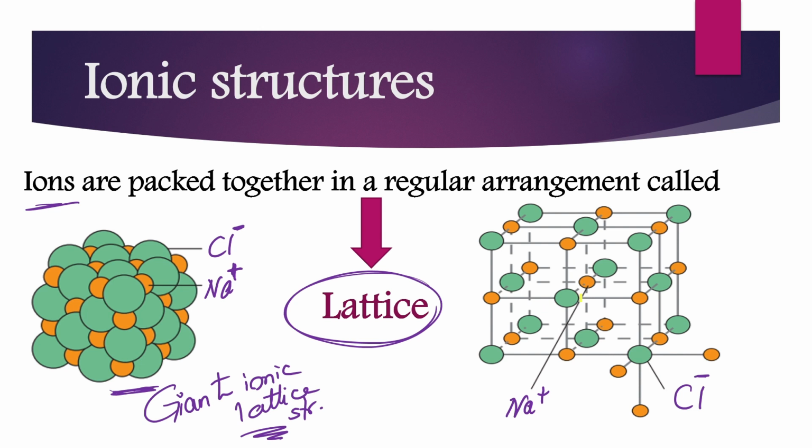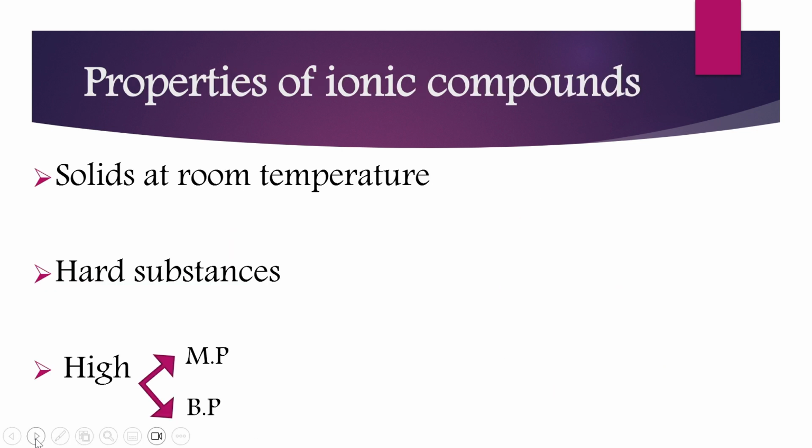As we can see here, each sodium ion is surrounded by 6 chloride ions, and each chloride ion is surrounded by 6 sodium ions. What about the properties of the ionic compounds?